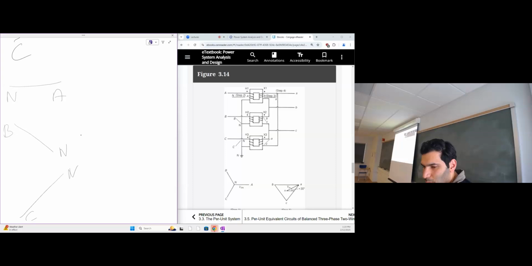So how their shape would be. Should be like that. Those three. It's a negative sequence.